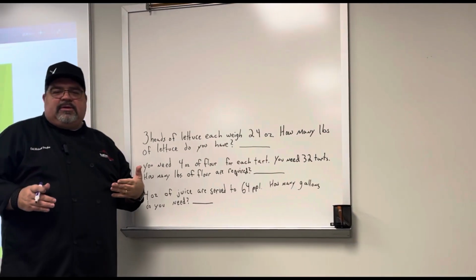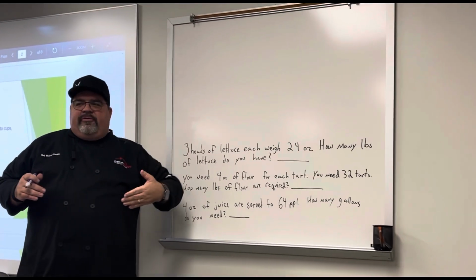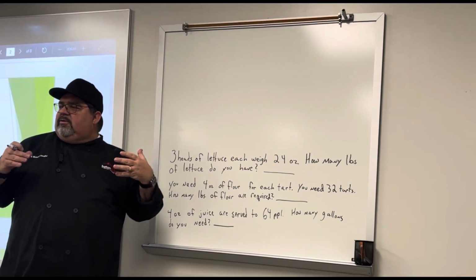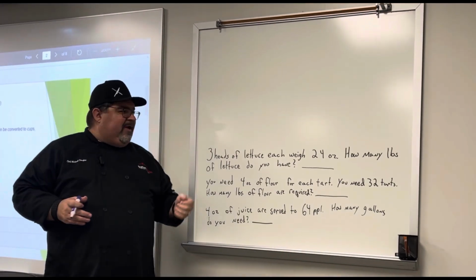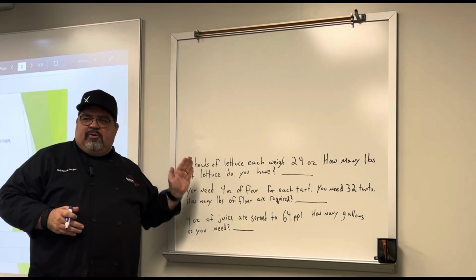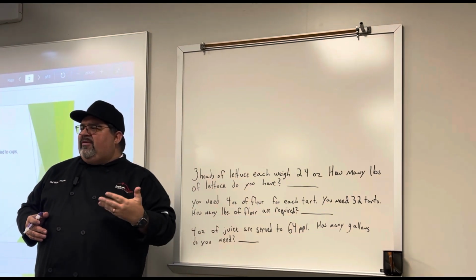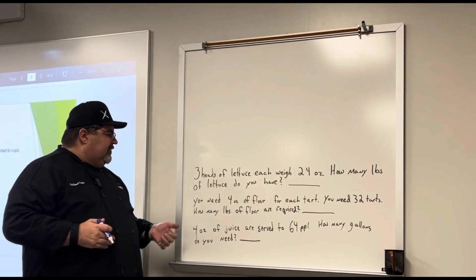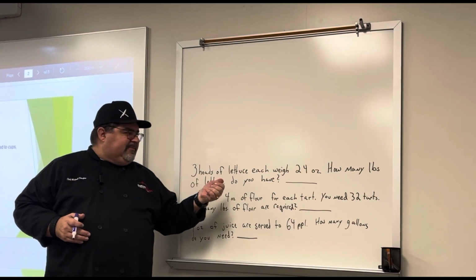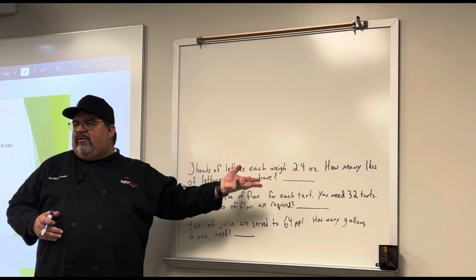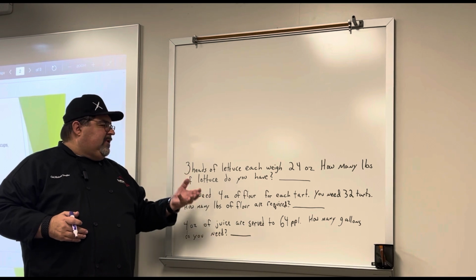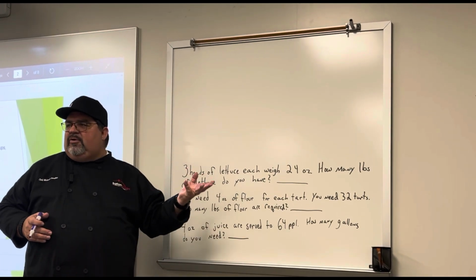Now, commonly, in the world of culinary, we are not doing math problems like that. We have math problems that are in the form of word problems or questions that we pose to ourselves. So 3 heads of lettuce each weigh 24 ounces. How many pounds of lettuce do we have?